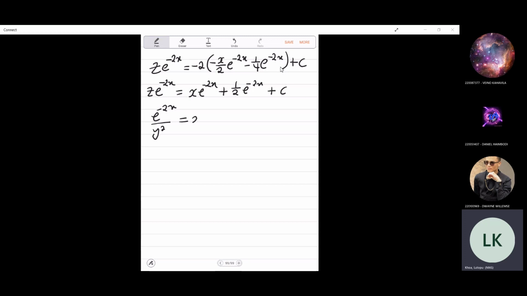This is x e^(-2x) plus a half e^(-2x) plus c. So you can divide everything by e^(-2x), that is fine, but this is also okay.